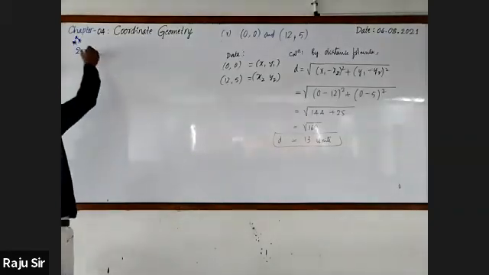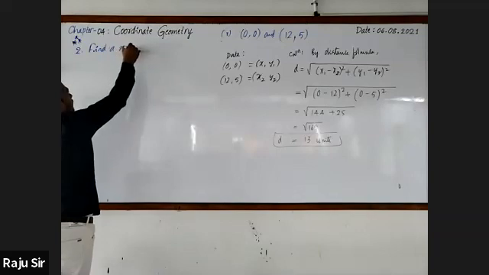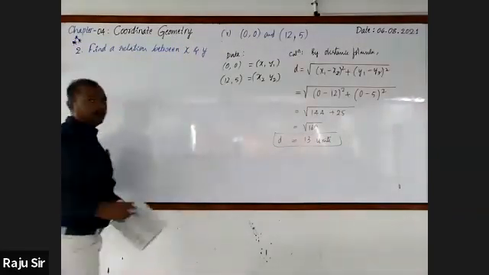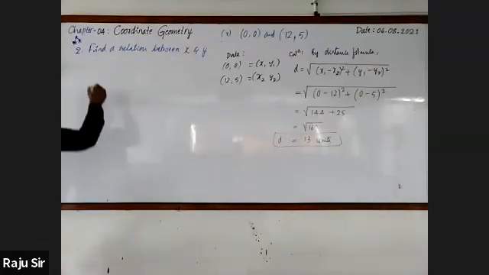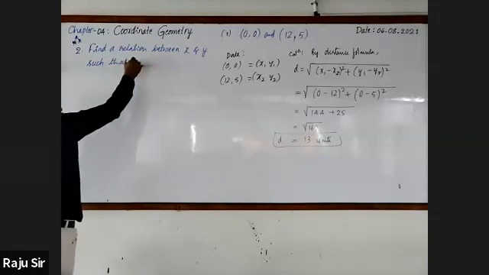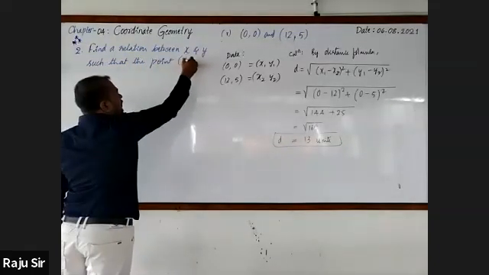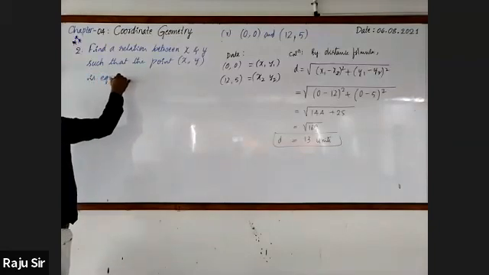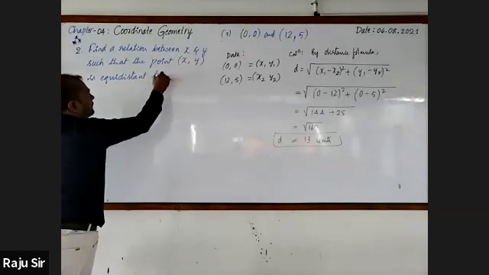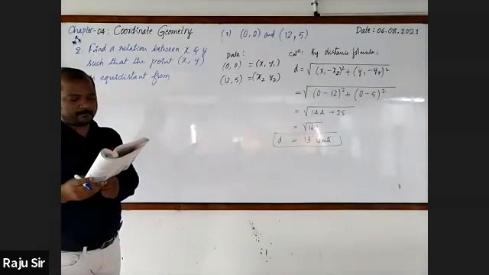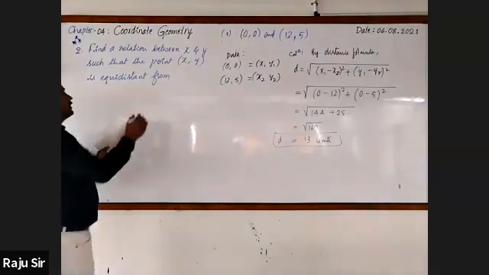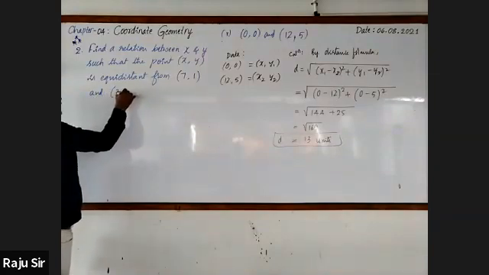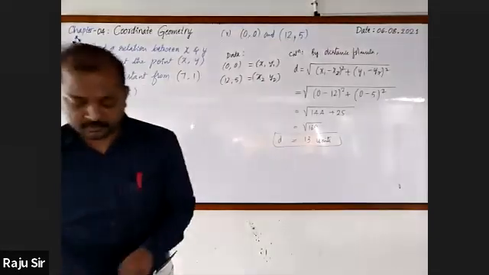Find a relation between x and y such that the point x comma y is equidistant from the points 7 comma 1 and 3 comma 5.